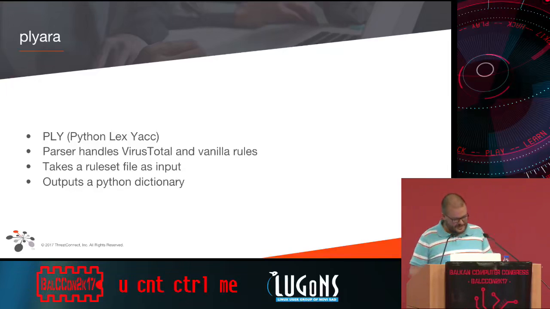So I started perusing the internet and I found an open source project that had been a little bit abandoned. It was rough around the edges, and it is called Plyara. It's based on PLY, which is Python Lex-Yacc. I know I might be speaking French or German to some of you, but Lex and Yacc are two very old Unix commands.